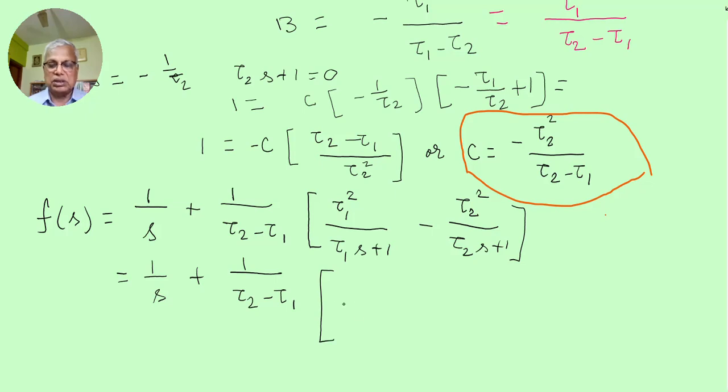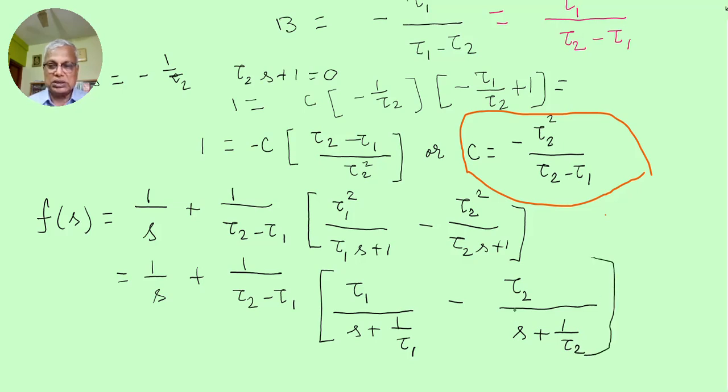So divide the numerator and denominator by tau 1. This becomes tau 1, and the denominator becomes s plus 1 by tau 1. Similarly here, divide numerator and denominator by tau 2. So the numerator is tau 2, and the denominator is s plus 1 by tau 2.